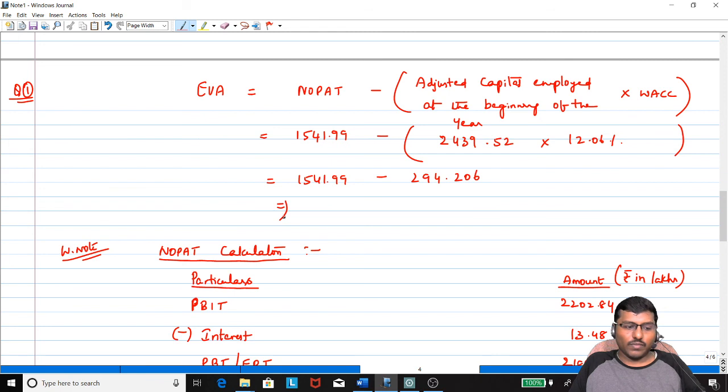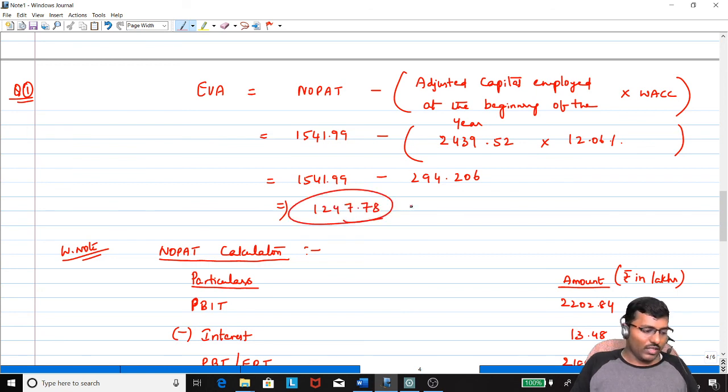That implies 1541.99 minus 294.206 comes around 1247.78. This is your EVA, 1247.78.